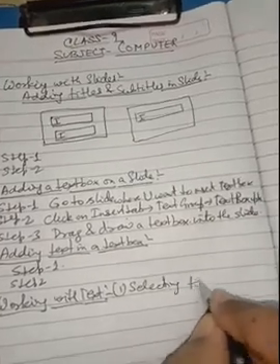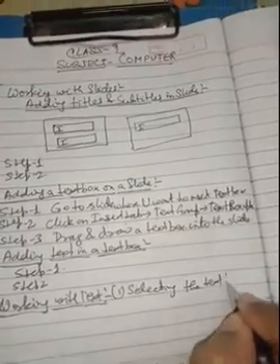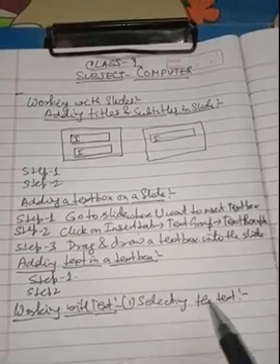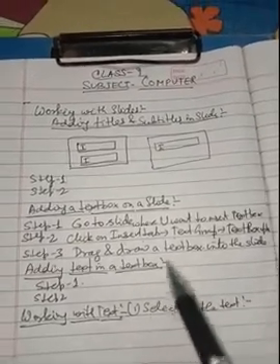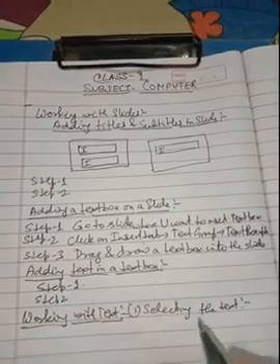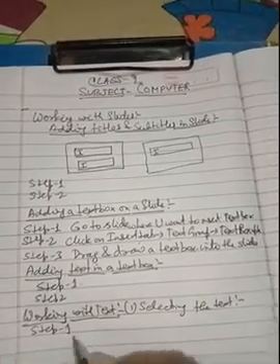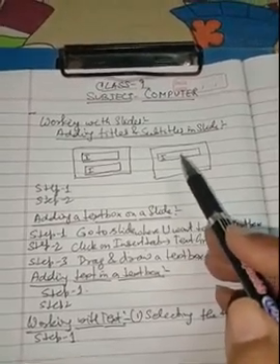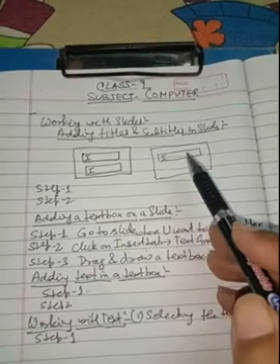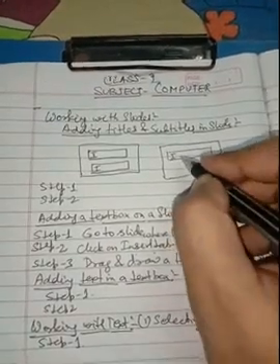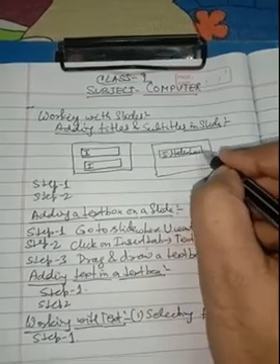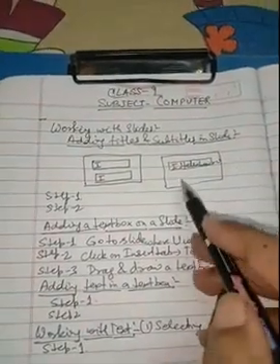Remember, over here we can select the text with the help of keyboard and mouse both. In order to select the text, we have to perform certain steps. The first step is move the mouse and place the cursor next to the text which you want to select. Suppose I have written over here, hello, how are you? I want to select this text.